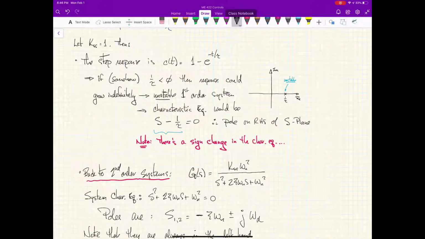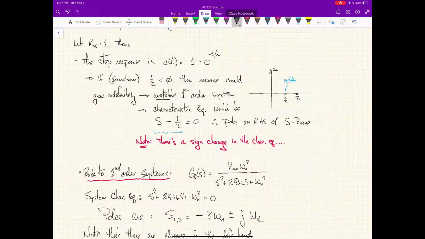Now, if for some reason tau was negative, meaning that 1 over tau was negative, whatever that means, right? Negative time is not possible, but if mathematically we define the characteristic equation to be in that way, then 1 over tau would be less than 0. Then the system would grow indefinitely, as we saw in that very first graph on the top.